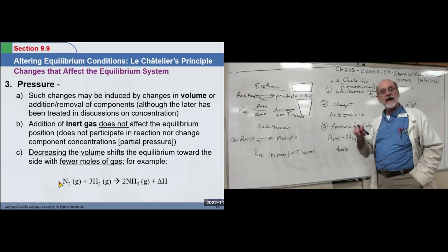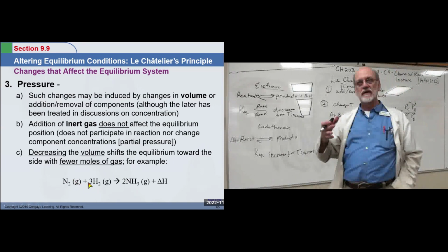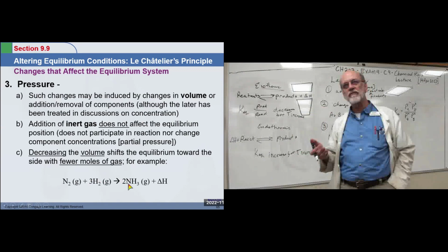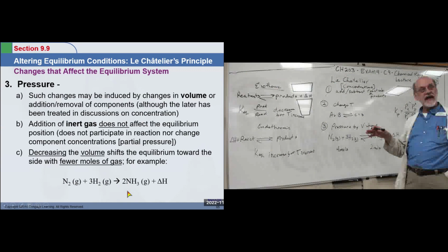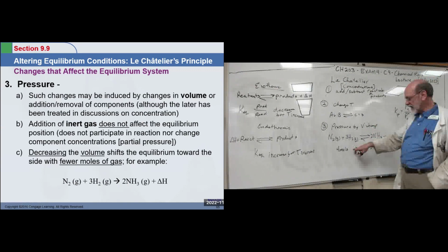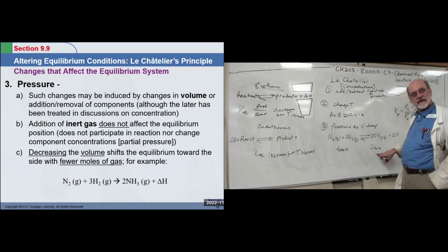And it does so by reducing the number of moles. You reduce the total moles of gas, and how do you do that? Well, in this case, you shift to the right, because the products have fewer moles of gas. So increase the pressure by decreasing the volume means that you're going to get more product.